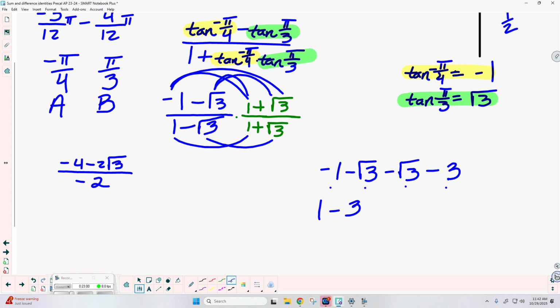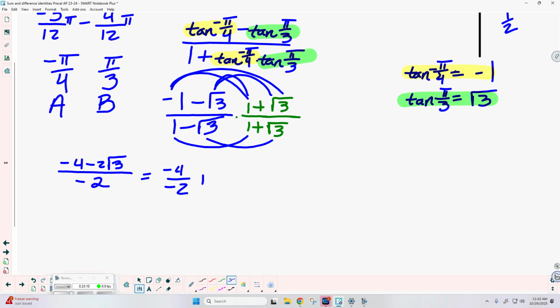But even if you did the outside and the insides, you're going to find they cancel. Okay, now all we got to do is break it apart and get my answer. So -4 over -2 plus -2 root 3 over -2. So it looks like I'm going to get 2 plus the square root of 3.